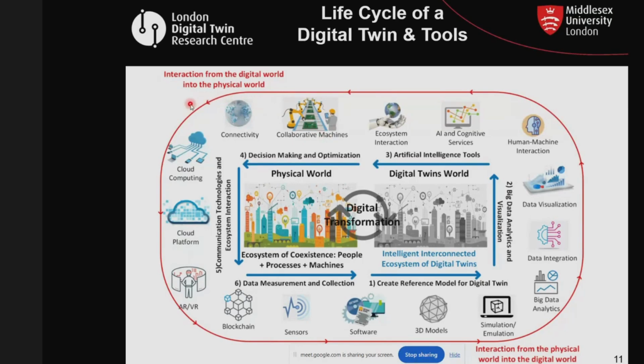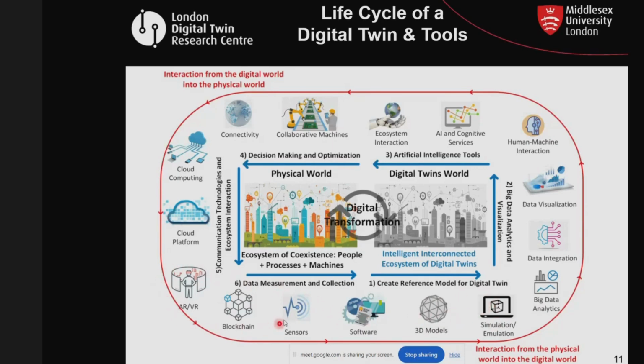And then from there, I also have my enablers to do all these parts. The key enablers are the communication technologies and the interaction taking place between the digital world and the physical world, which is enabled via cloud platforms, cloud computing, wireless connectivity, and so on. And finally, going back into the loop, who is providing information to this digital twin in terms of data?